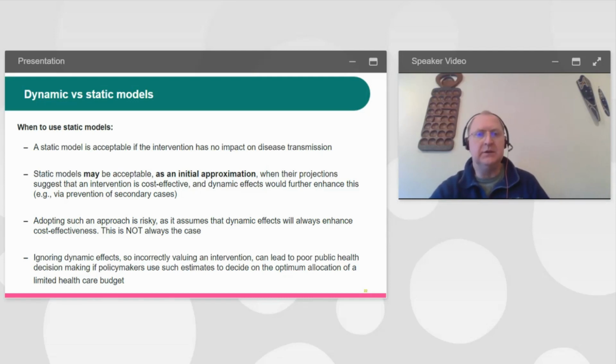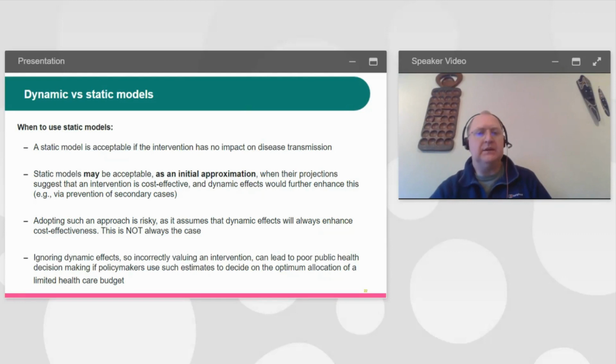In those circumstances, a static model might be thought to be acceptable. They are also sometimes used as an initial approximation where analysis suggests that an intervention is cost effective and that including the dynamics within the model would simply enhance the cost effectiveness via prevention of secondary cases, for instance.